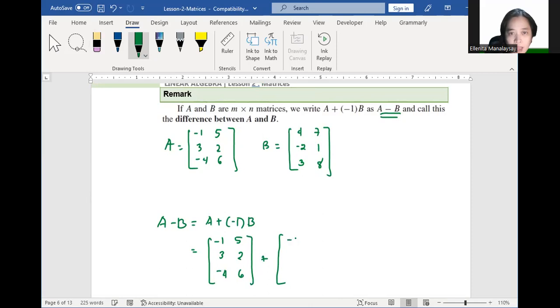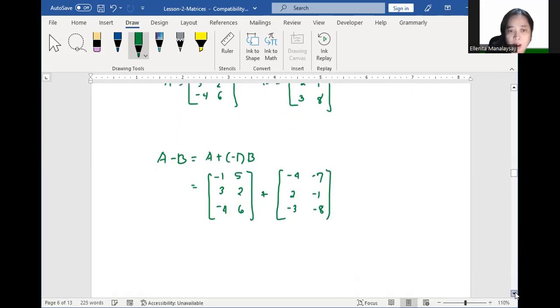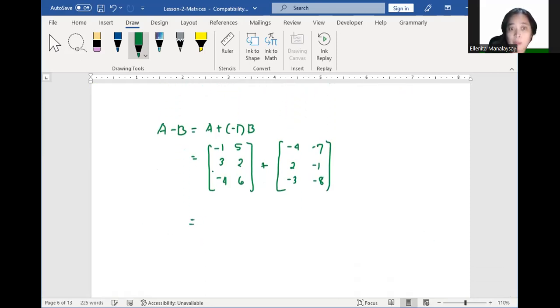That will give us -4, -7, positive, negative of -2, that's +2, -1, -3, and -8. And since we are now performing addition of matrices, both these two matrices have the same size, 3 by 2. So let's add the corresponding entries.